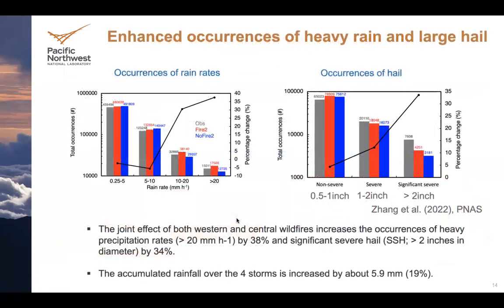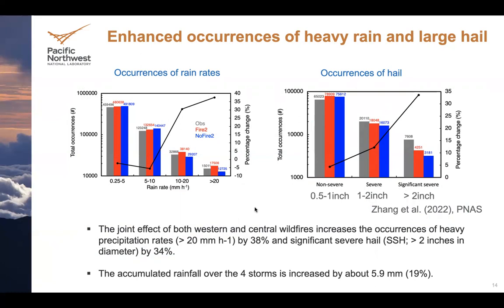Then the major result is that we find enhanced occurrences of heavy rain and large hail. The joint effect of both the remote and the local fire increases the occurrences of heavy precipitation larger than 20 millimeters per hour by about 38%, and increases the significant severe hail larger than 2 inches in diameter by about 34%, which is pretty significant.